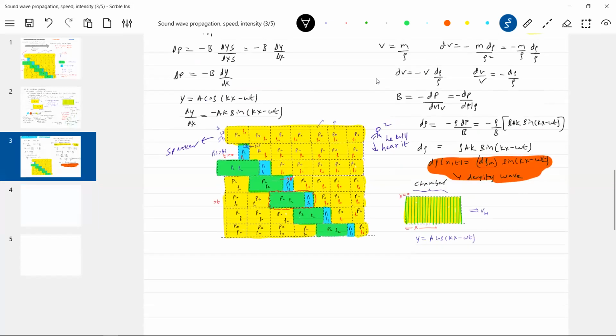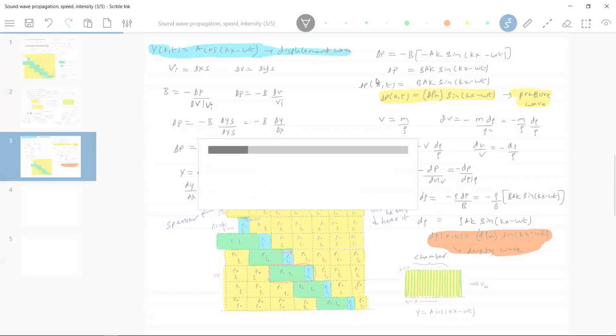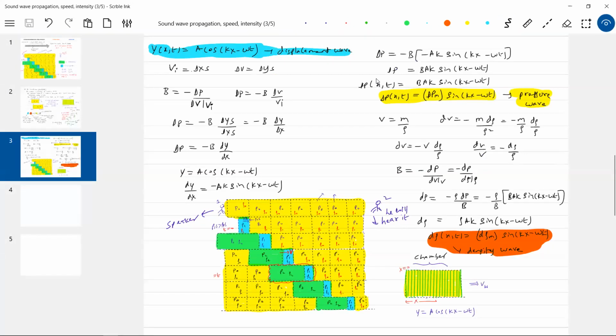For your understanding I made the pressure P1, but in fact, this equation tells that the displacement of all layers will not be the same. The different layers will have different displacement. Similarly, inside the chamber, the different layers will have different pressure.